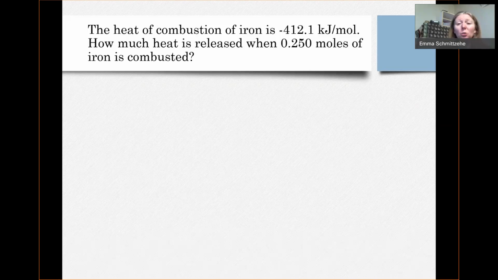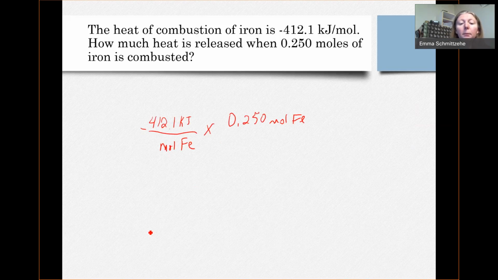So all we need to do really is multiply those numbers. So we have the negative 412.1 kilojoules per mole, and that's really per mole of iron, right? And then I multiply by 0.250 moles iron. My moles of iron are going to cancel, and I'm going to get the amount of heat released.